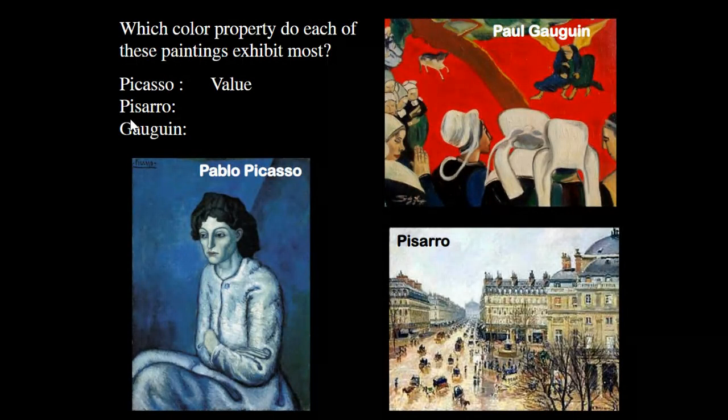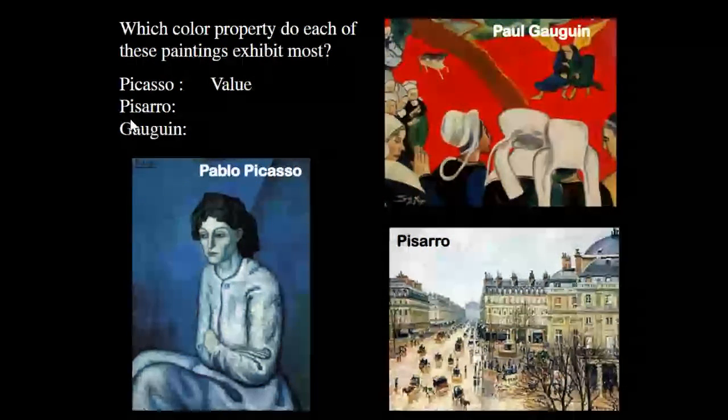It does show hue because it's showing us blue, but because it has a bunch of different shades of blue, it's showing us value because of the way that it's shaded. But that's true. These are kind of like trick questions because you could argue that they have all of them. So the next one at the bottom right, what do you think about that one?